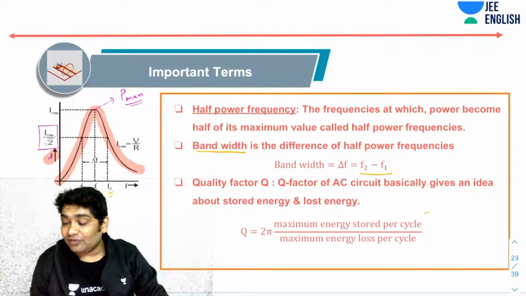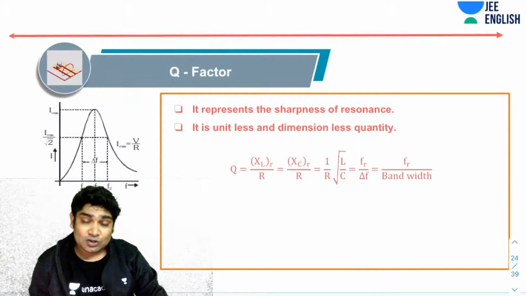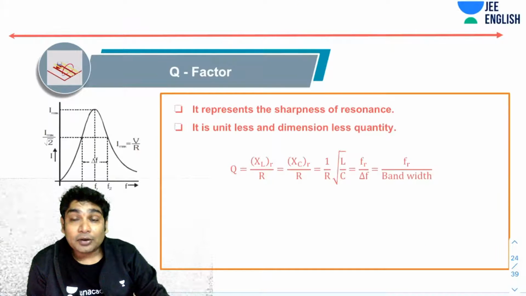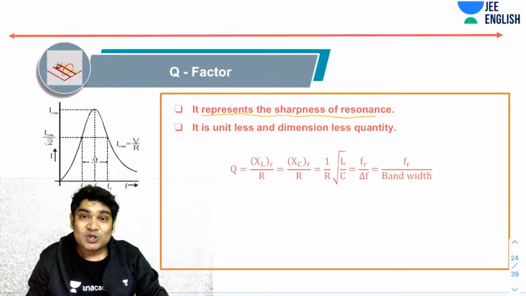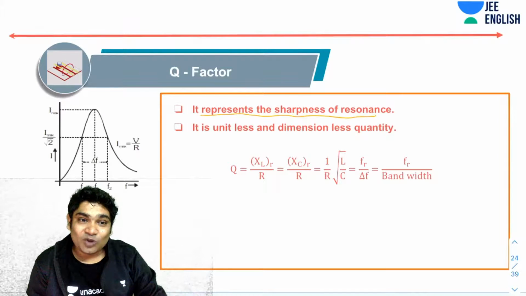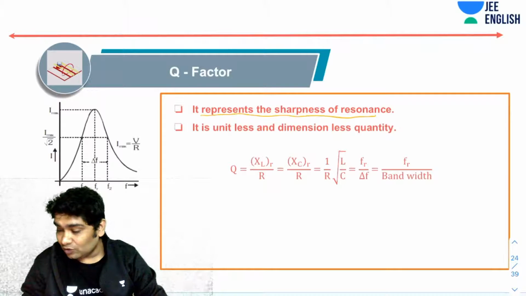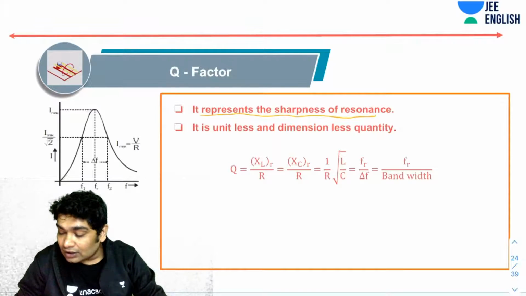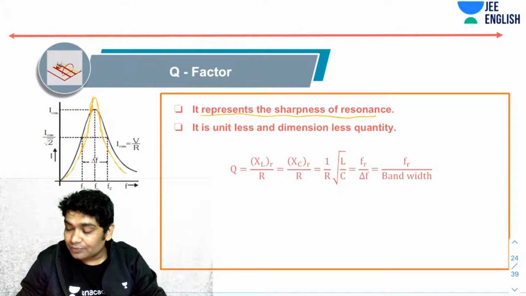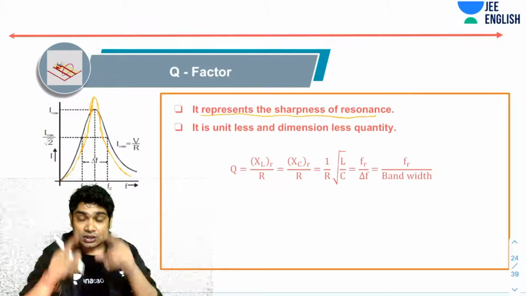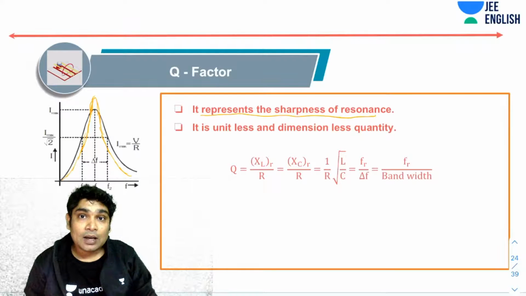Now, there is another way of defining the Q factor. First of all, let's talk about the significance of Q factor. Q factor represents the sharpness of resonance. So why do we really want the sharpness to be high? I'll tell you why. Imagine another circuit which had a variation like this, where the variation was all of a sudden higher and sharper.